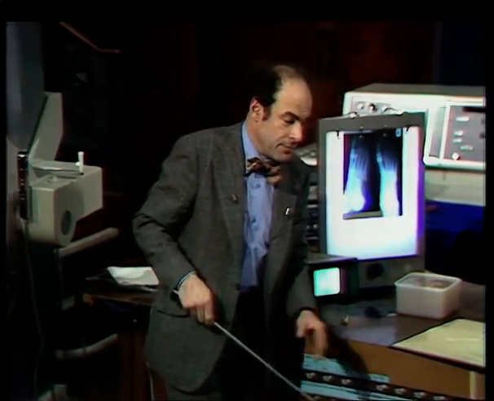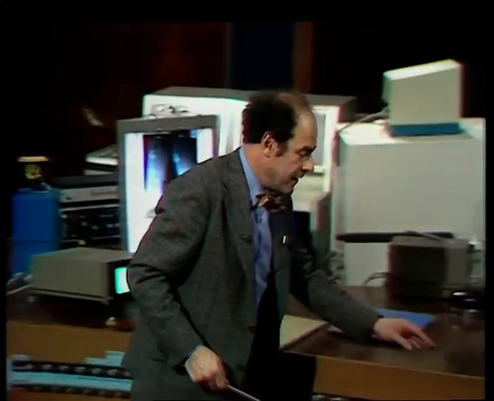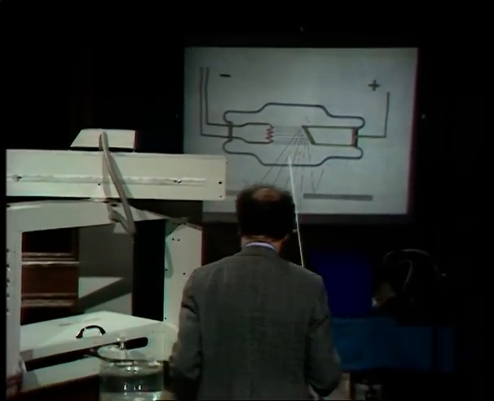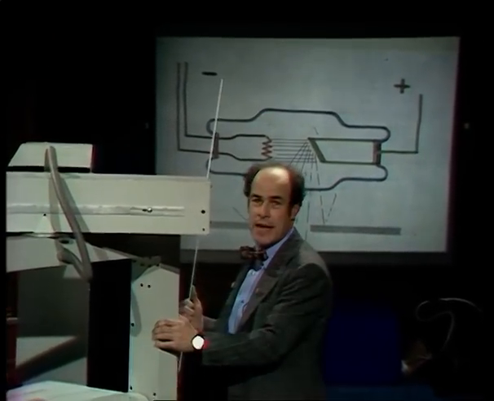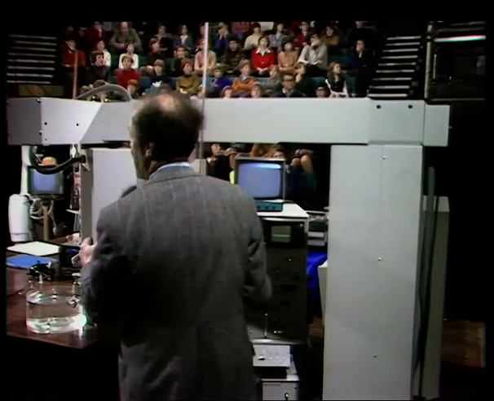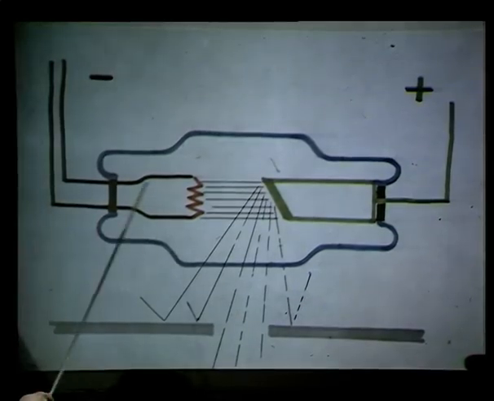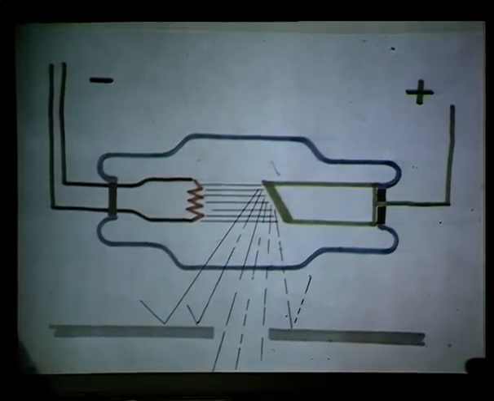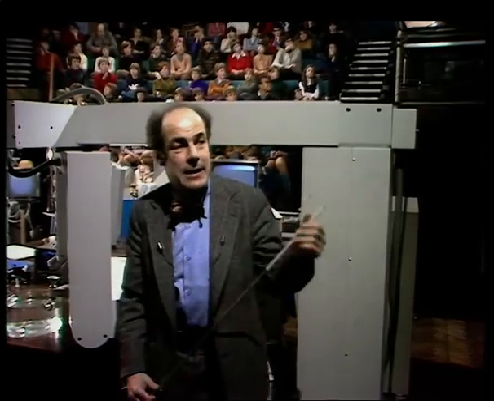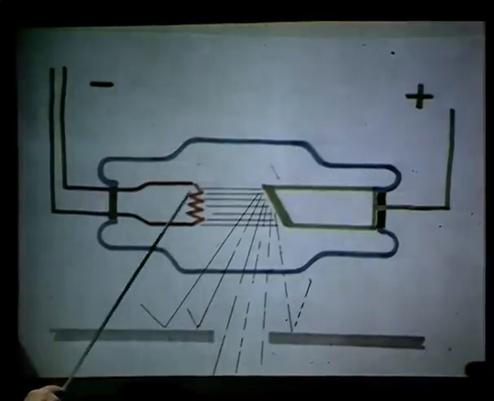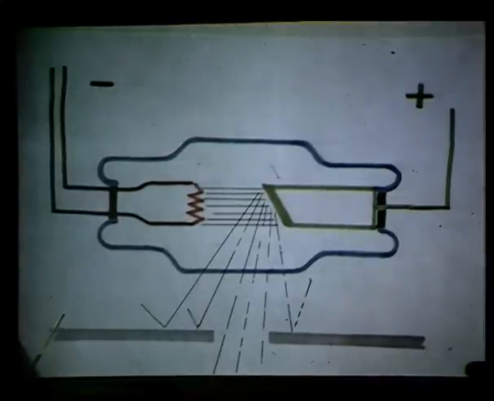And then there was a minor breakthrough in 1913, and I'll show you a slide of this. Whenever I show slides, I will now have to disappear behind some of these large pieces of apparatus. Professor Coolidge, or Mr. Coolidge perhaps, or Dr. Coolidge in the United States, improved the X-ray tube enormously by substituting a heated filament instead of the cold cathode.